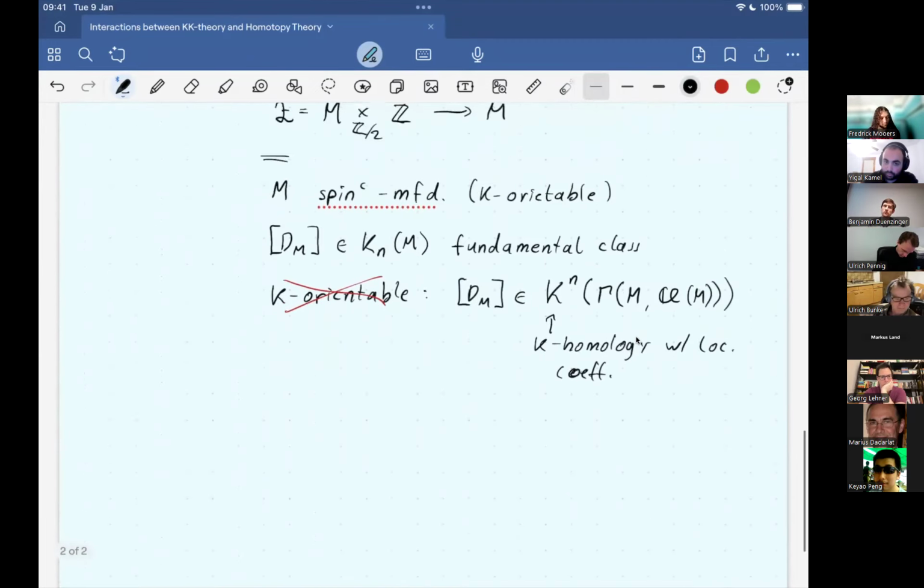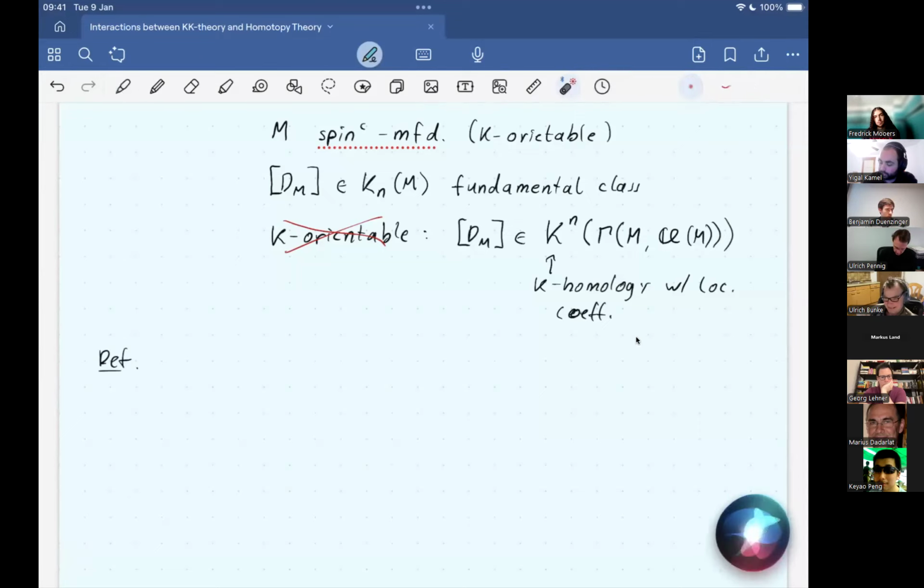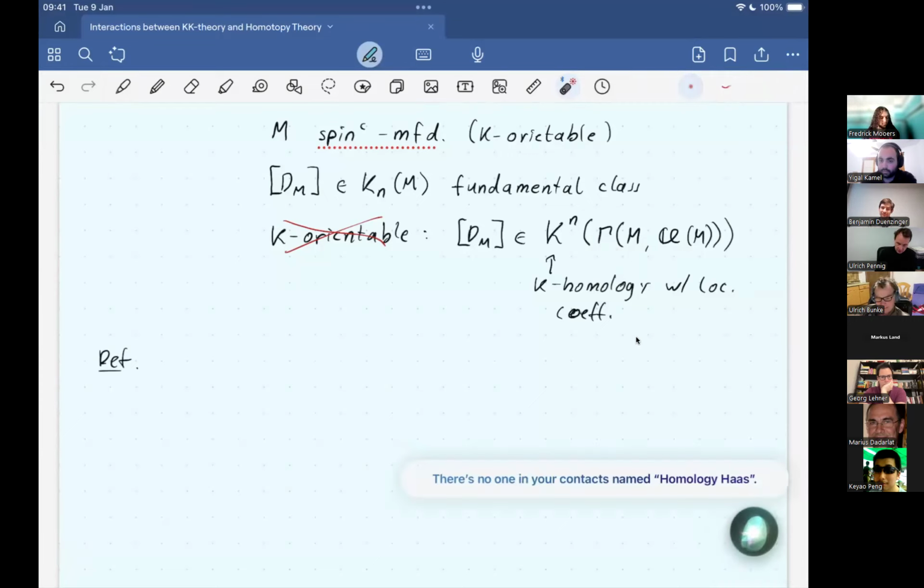So if you see this, then you could, in general, start to study K theory and K homology of bundles of C-star algebras of this type.